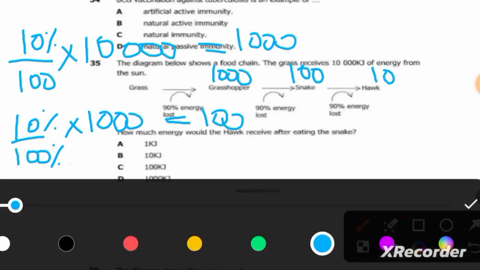So 100 kilojoules will be passed on to the snake. Then 10 kilojoules will be passed on to the worm. Initially we had 10,000 kilojoules.